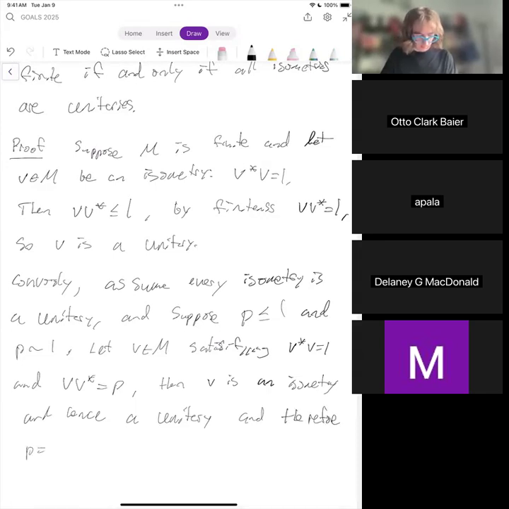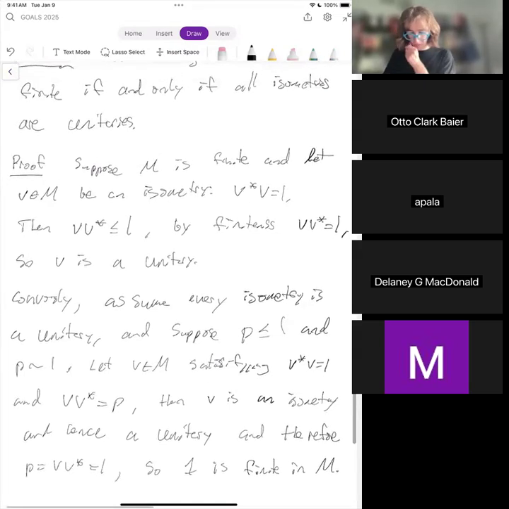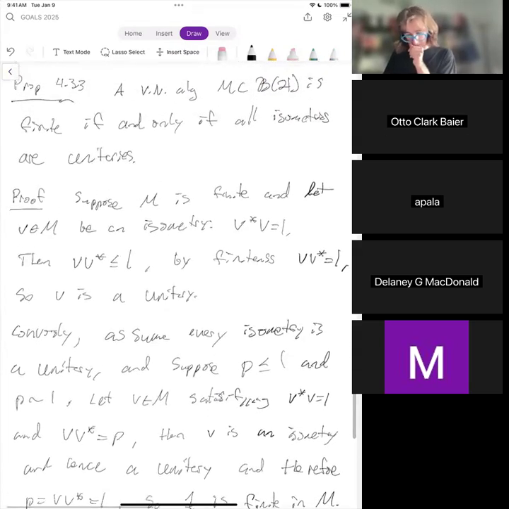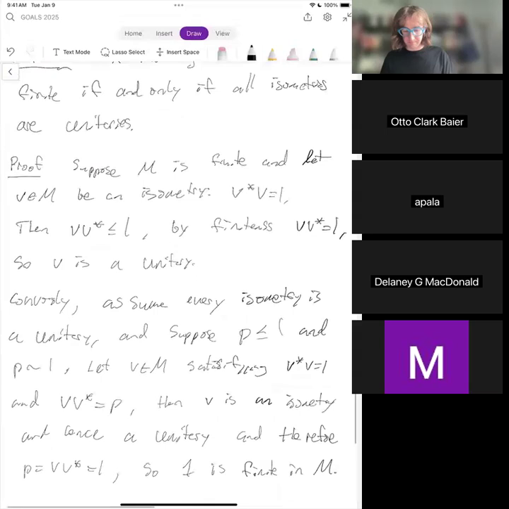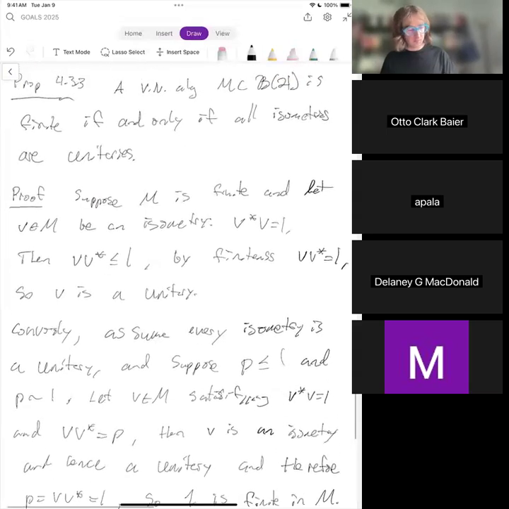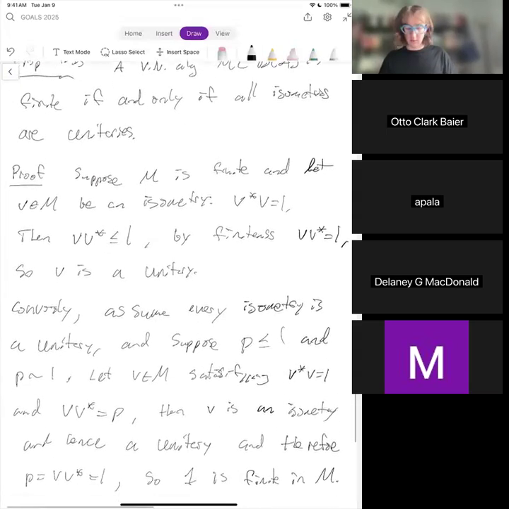Therefore, P equals V V star equals 1. So 1 is finite in M. So this shows that for a finite von Neumann algebra, you can characterize it by saying all isometries are unitaries.